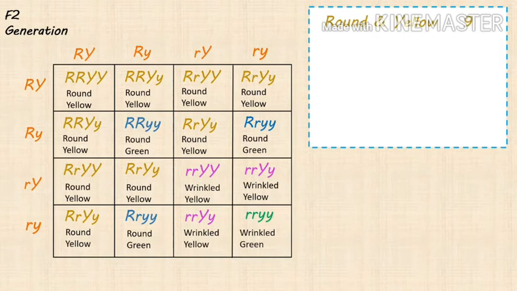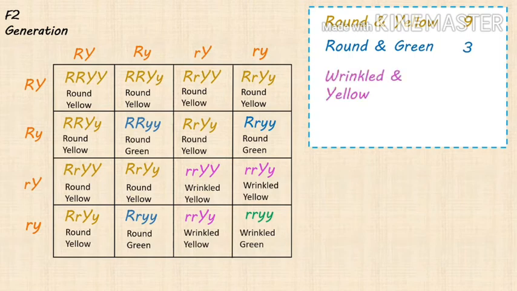So, you will find that we get different types of seeds, okay, and we find that if any capital letter is there, R or Y, if capital R is there, round seeds will be produced, whether it is one capital R or two, and if one capital Y is there, still yellow seeds will be formed.